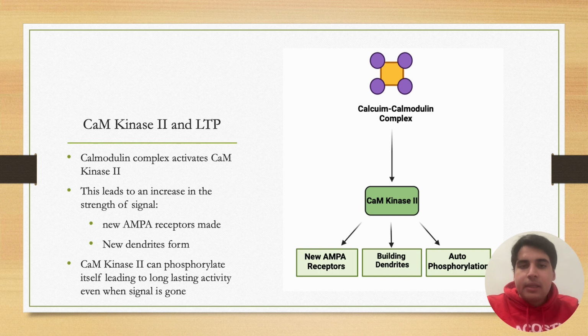What I mean by this is even after the calcium calmodulin complex is gone, and for example there is no calcium coming into the cells anymore because the receptors have closed, the autophosphorylation allows CaM kinase 2 to remain activated and continue having these downstream effects, which makes the LTP have long-lasting implications for the neuron.